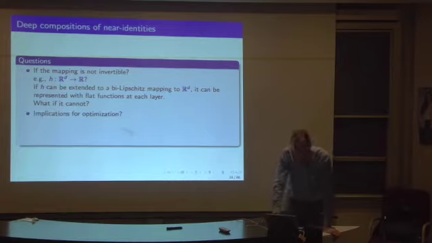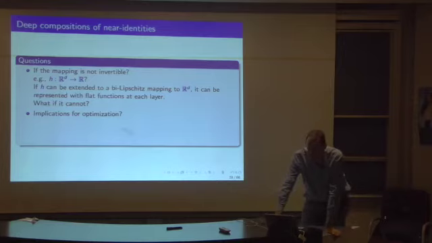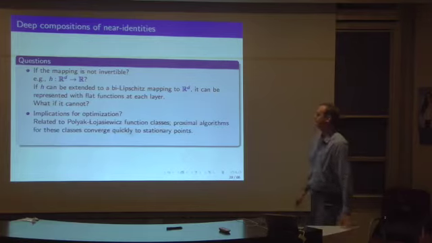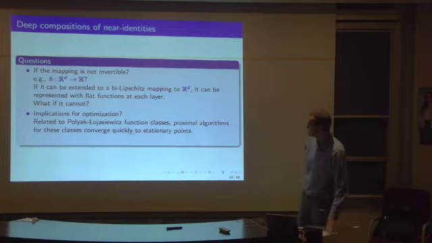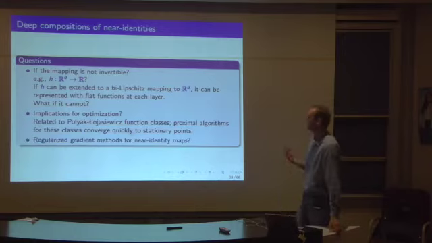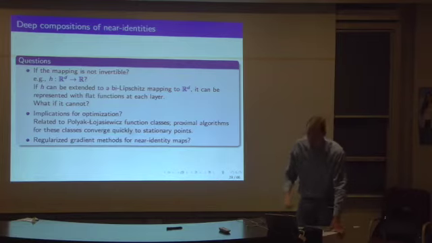In the second part of the talk, I want to say a little bit about optimization in the special case of linear networks. There's a relationship to these Polyak-Lojasiewicz function classes, and there are results for those. But here we have this constraint that things stay close to the identity. So, what about gradient methods that keep things close to the identity?